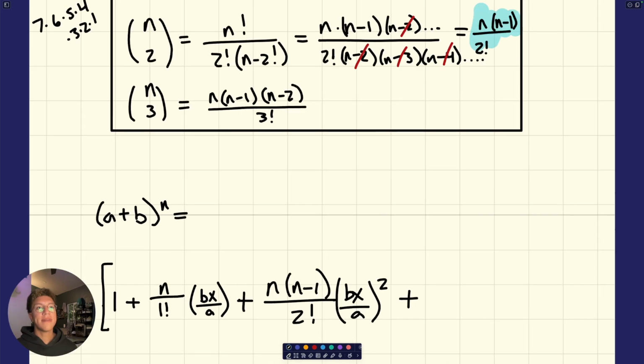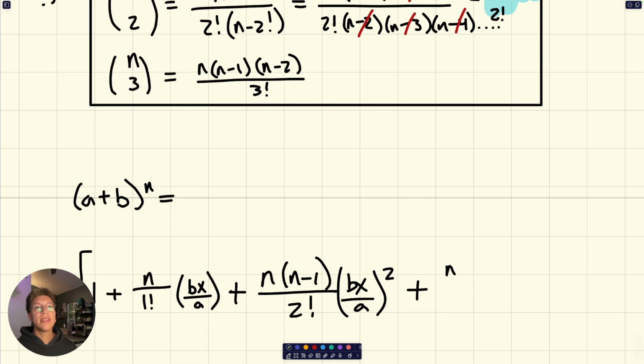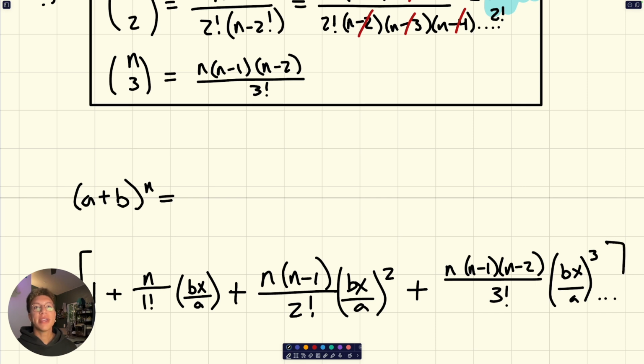Let's zoom back in a little bit. And so we get n minus 1, n minus 2, all over 3 factorial. And then again, we have bx over a to the 3rd power. And so that's the first 4 terms of the expansion.